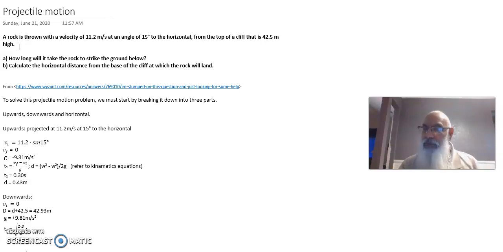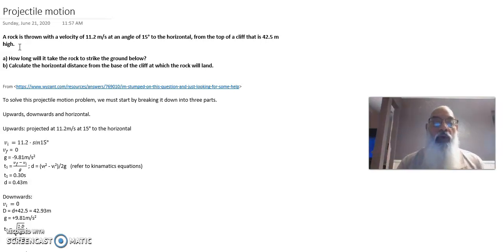This involves a little bit of vectors, and I'm sure you're familiar with that. So the rock is not only going horizontally but also vertically. Between those two motions, its resultant is 11.2 meters per second at an angle of 15 degrees to the horizontal.